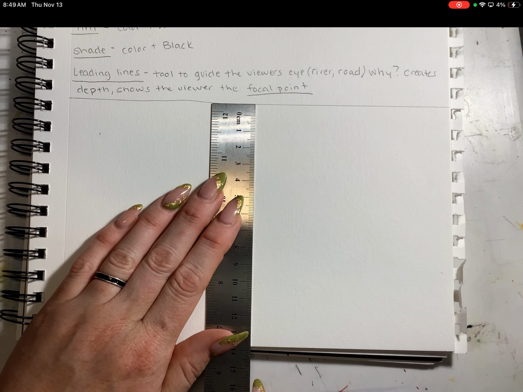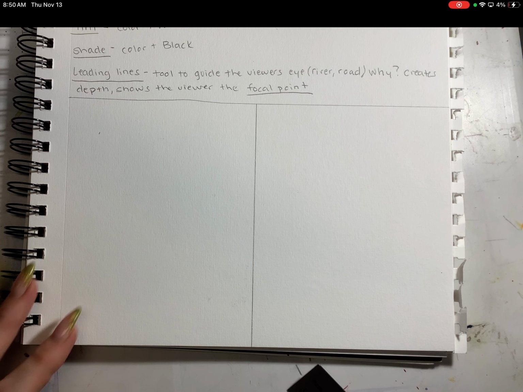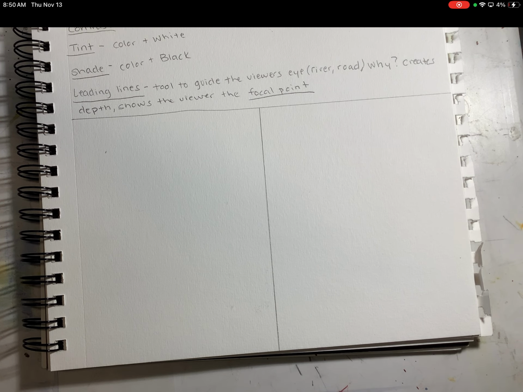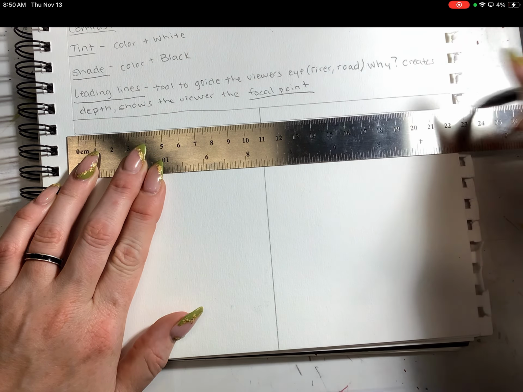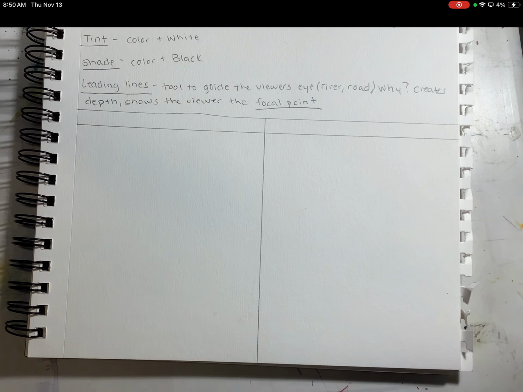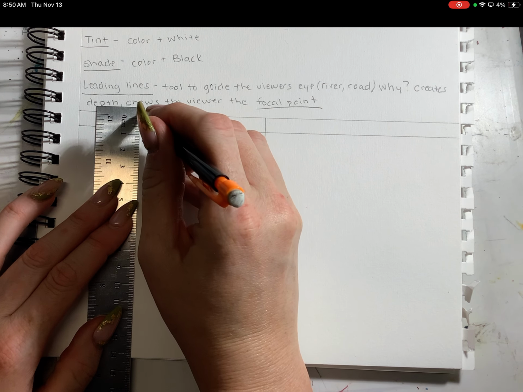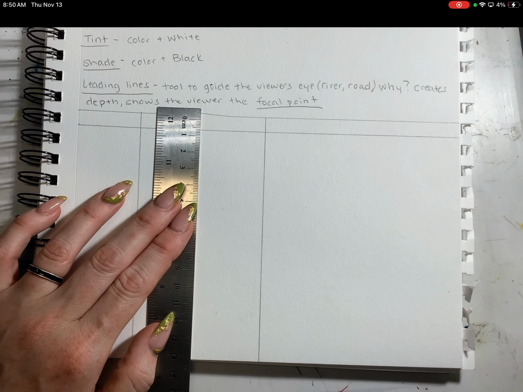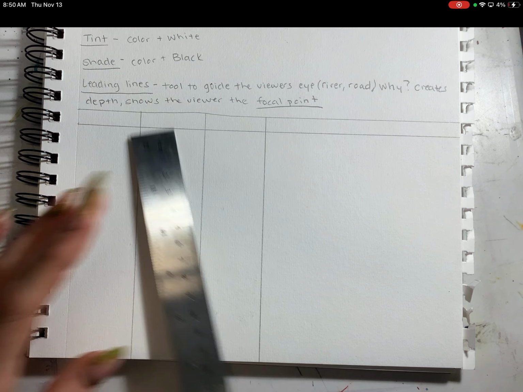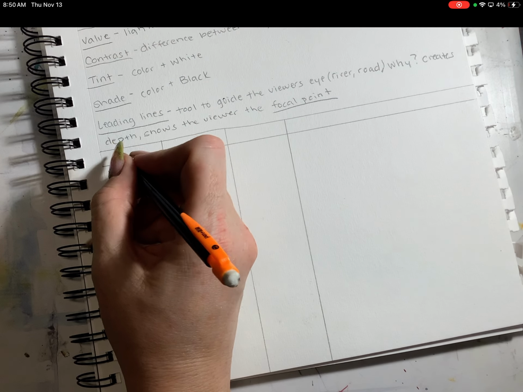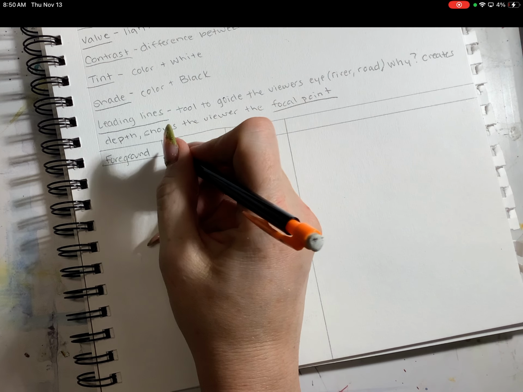And we're going to divide this. And then I'm going to divide this one into 3. Shh. It's my time. This will be foreground. So we're just going to take some notes about each.